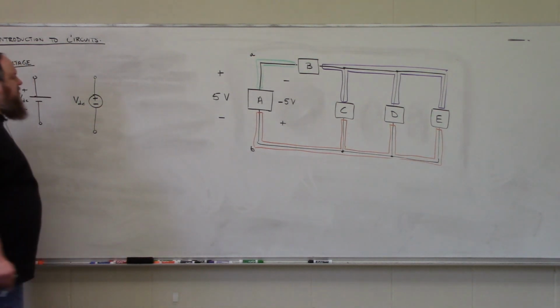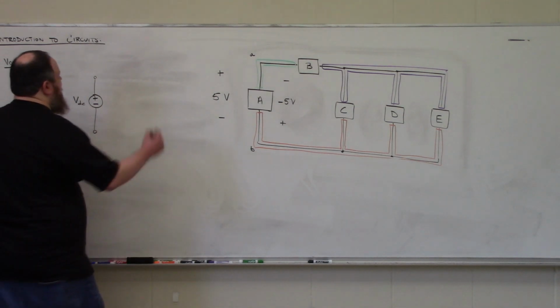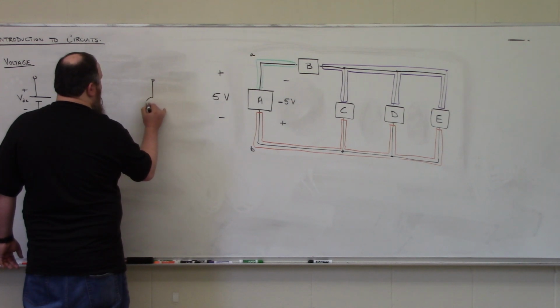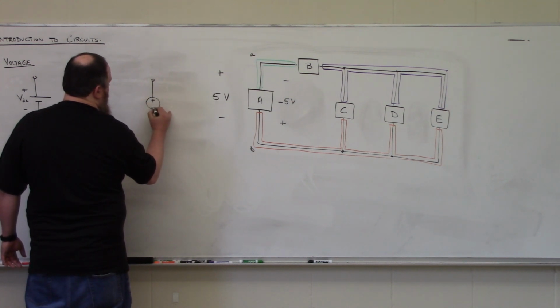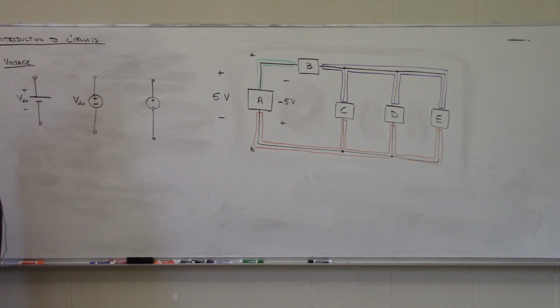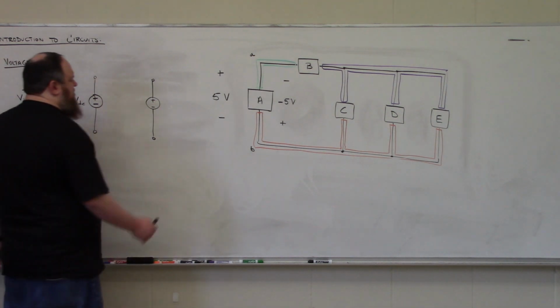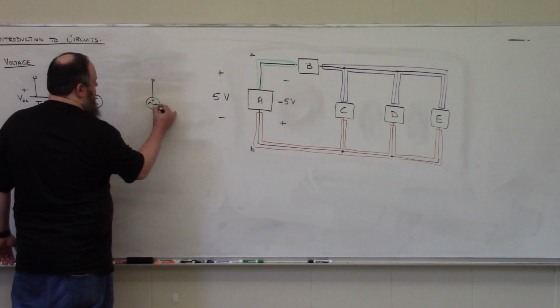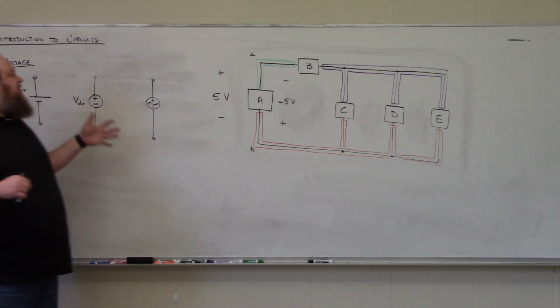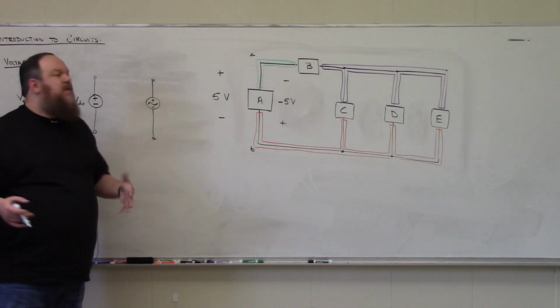And later on in the course, we will deal with AC voltage signals. And so those will be supplied by AC voltage sources. So it's the same circle with a plus and a minus representing the positive and negative polarities, but it will also have a little squiggle in it that's representing that the signal is changing with time.